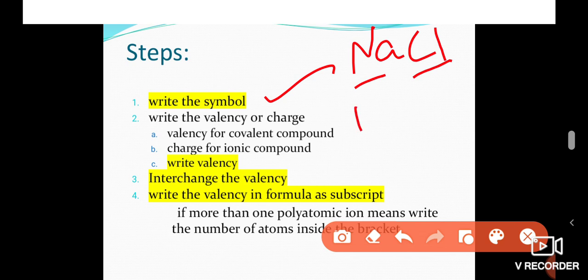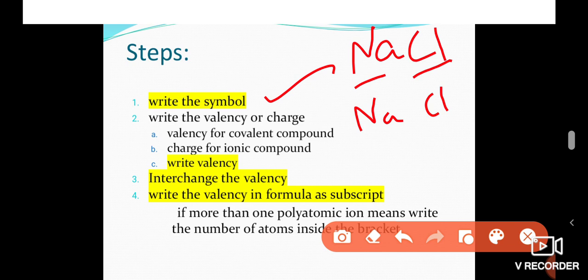And the second step is to write the valency or charge. That is why I insist you learn the valency table, as well as the table of names of the elements. If you learn these 2 tables, you can easily write these chemical formulas.